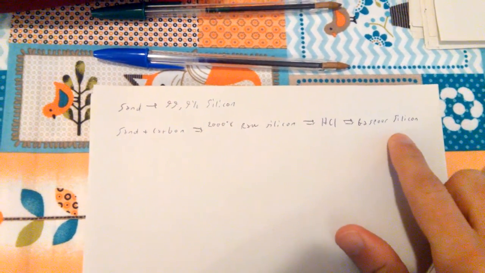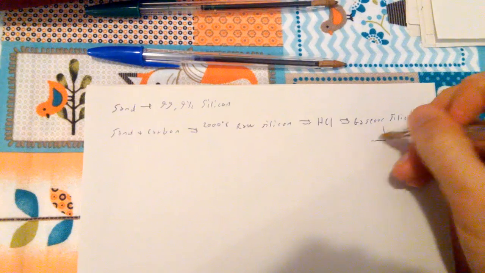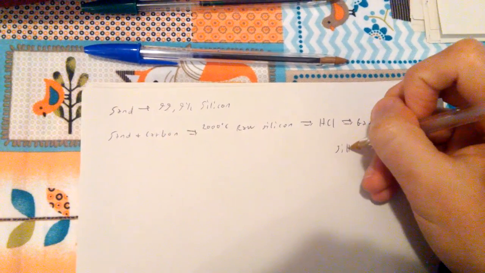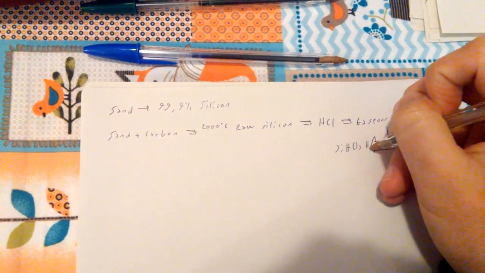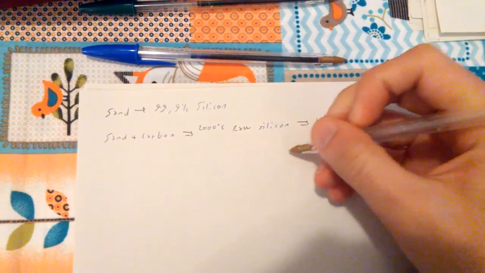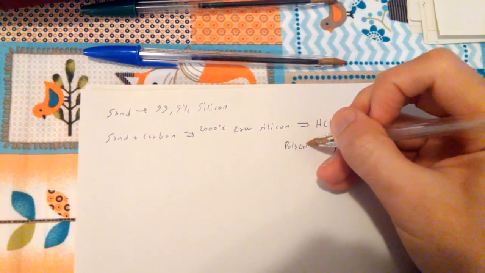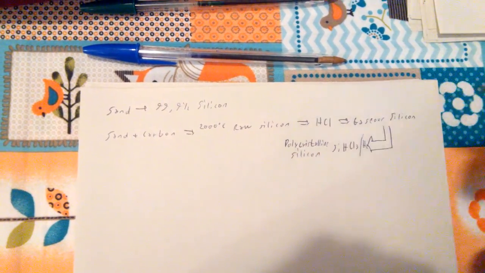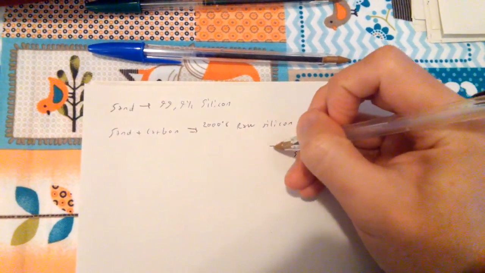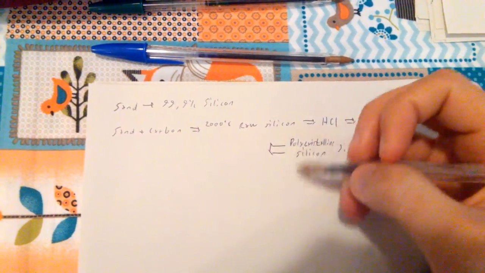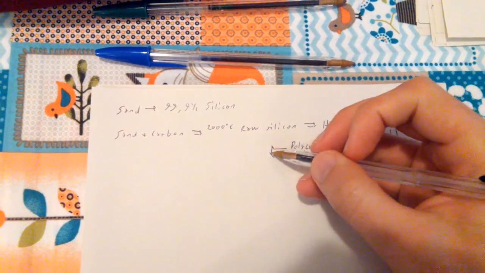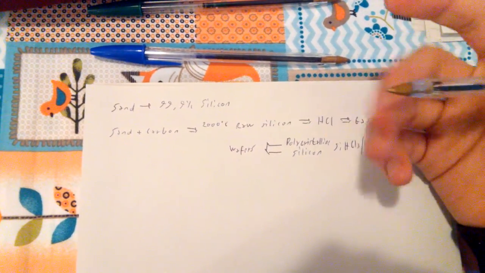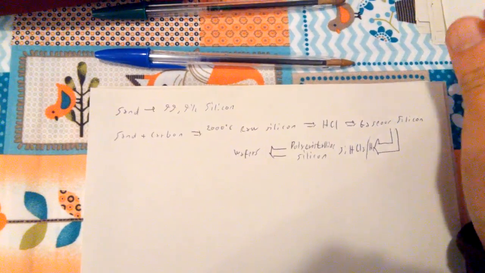Now, from this gaseous silicon, we can get polycrystalline silicon, and then H2. The polycrystalline silicon then gets cut into slices and gives origin to wafers, which are basically the heart of the solar panels.